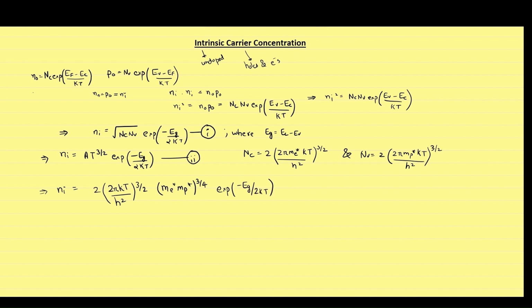If you separate the temperature term, then we will get, let this equation be the third equation. Now comparing the second and third equation, we will get the value of A to be equal to.